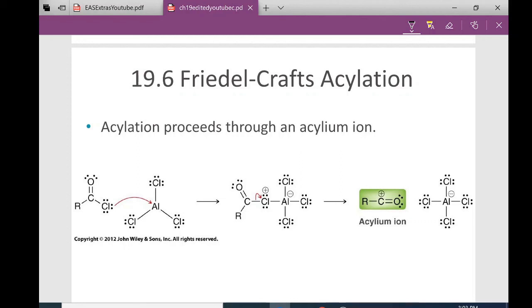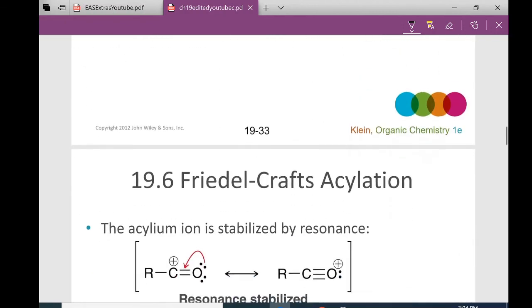The chlorine that's attached to this acyl chloride will actually attack the Lewis acid catalyst, forming this intermediate species that decomposes to the acylium ion, which has our positive charge, so it acts as a good electrophile, but it is also resonance stabilized and therefore won't rearrange.